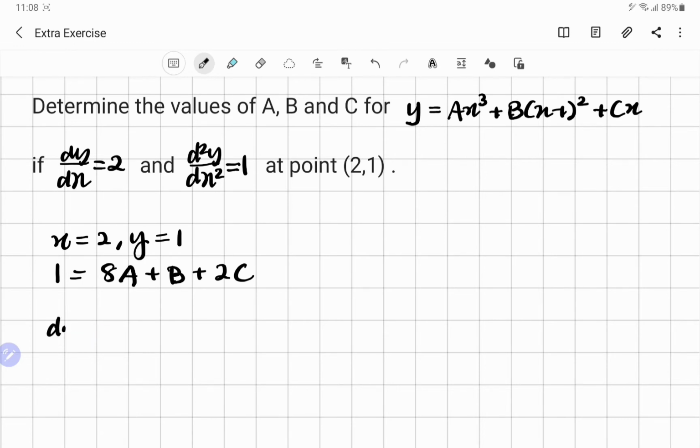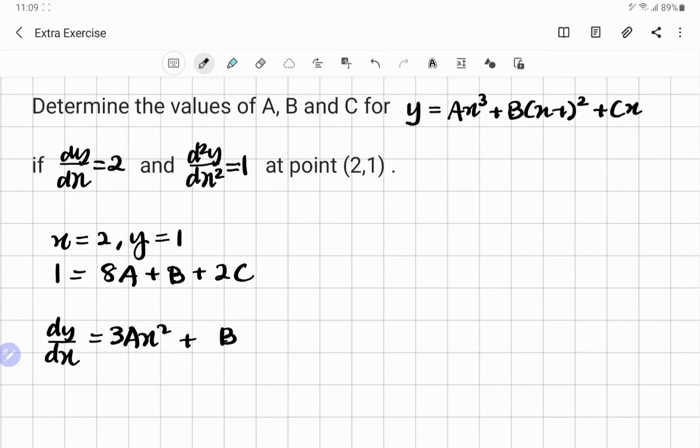For dy/dx, we need to differentiate y. dy/dx equals differentiate ax cubed, which is 3ax squared, plus differentiate b times (x minus 1) squared. b is a constant, just write down the b, and differentiate (x minus 1) squared using the general power rule.